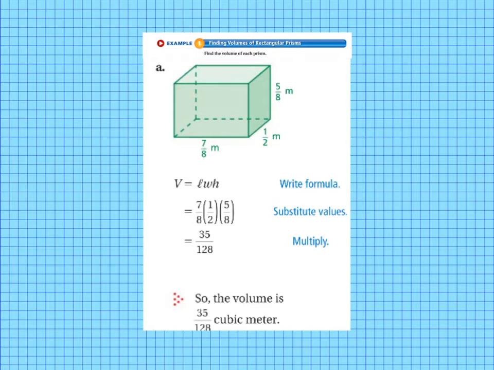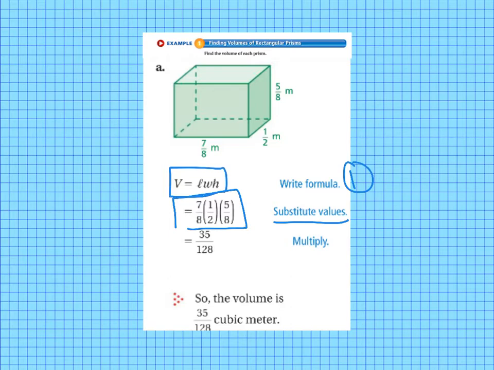So step one is to write the formula. Do that in your notebook. And step two, we're going to substitute in the values. So 7/8 times 1/2 times 5/8. And step three is we multiply.